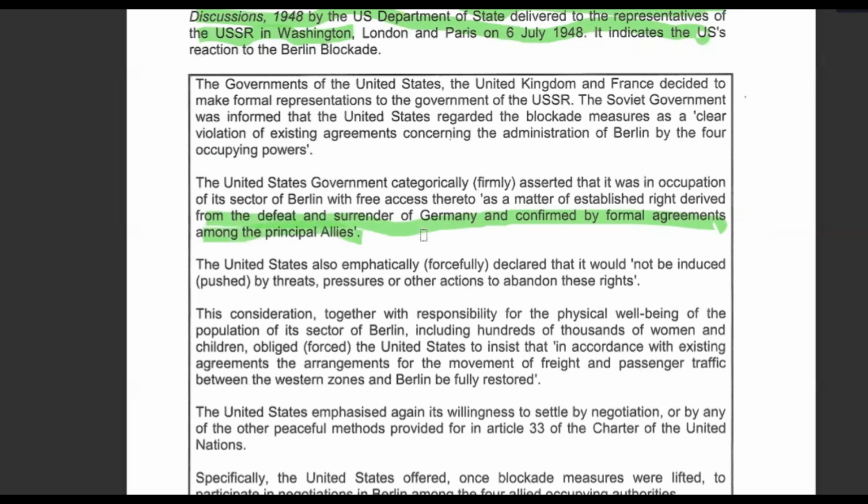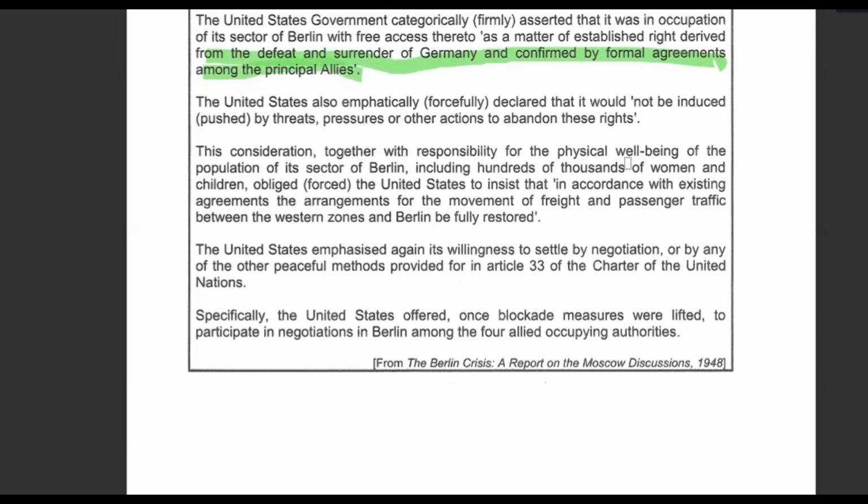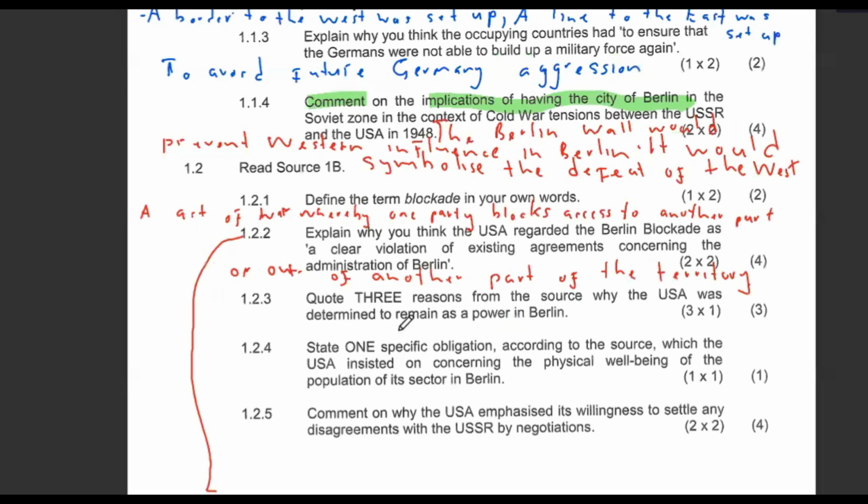Then another consideration was that they needed to protect the interests of hundreds of thousands of women and children who were in the two territories. So they felt concerned because they needed to protect the interests of the children who were occupying the zones in question. Then let's go back to the question itself.